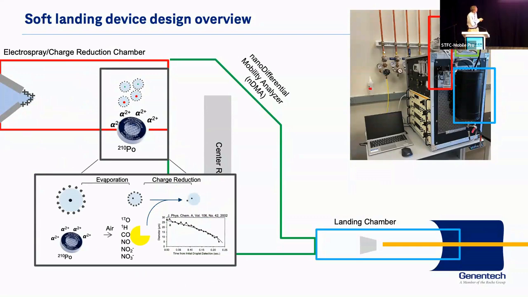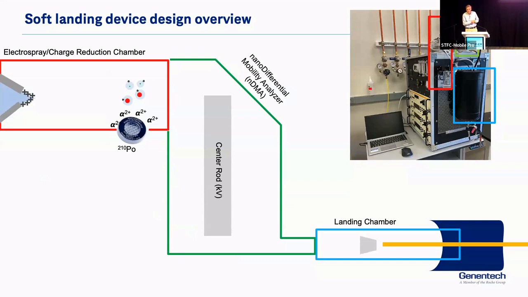And how do we do this? We use a device called a differential mobility analyzer, which is used in environmental sciences and so on to characterize particles. And the way this works is, again, this is under normal atmospheric pressure. Think of it as a tube, and there's a gas flow through it that carries the droplets that you want to analyze. And down the center of that tube is an electrode.